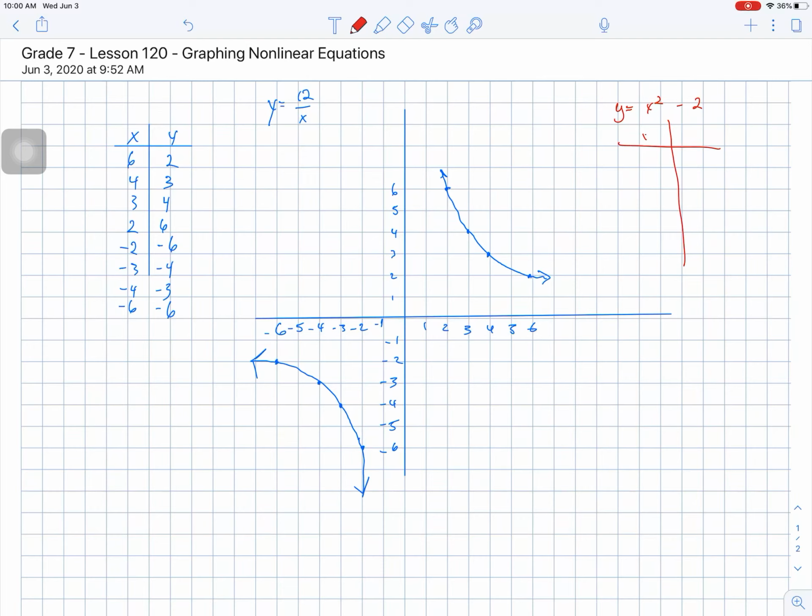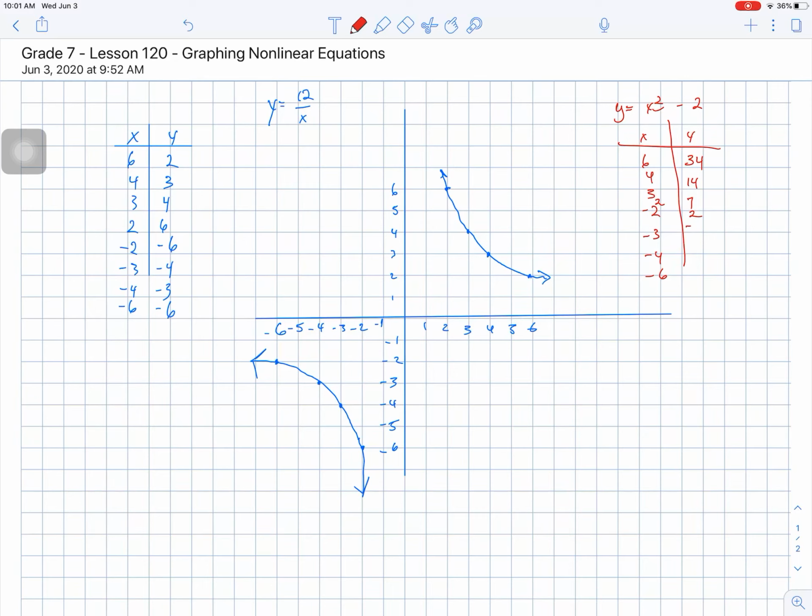So x, y, 6, 4, 3, 2, and the negatives. 6 squared minus 2 is 36 minus 2 is 34. It's going to be big numbers on there. 4 squared minus 2 is 14. That's 9 minus 2 is 7. And then, oh, I forgot the regular 2. That's 4 minus 2 is 2, and so on.